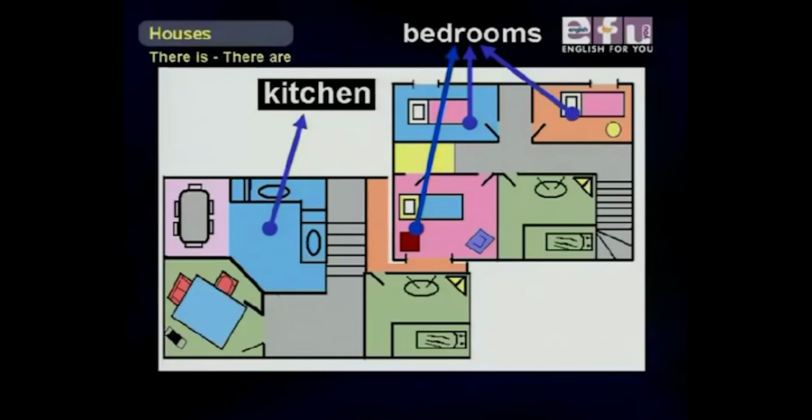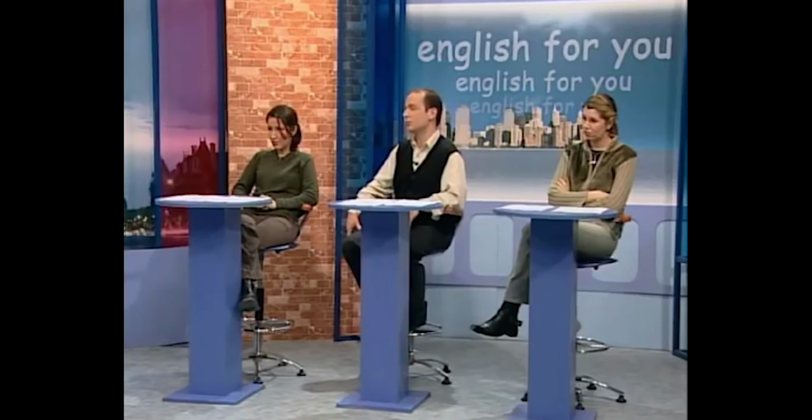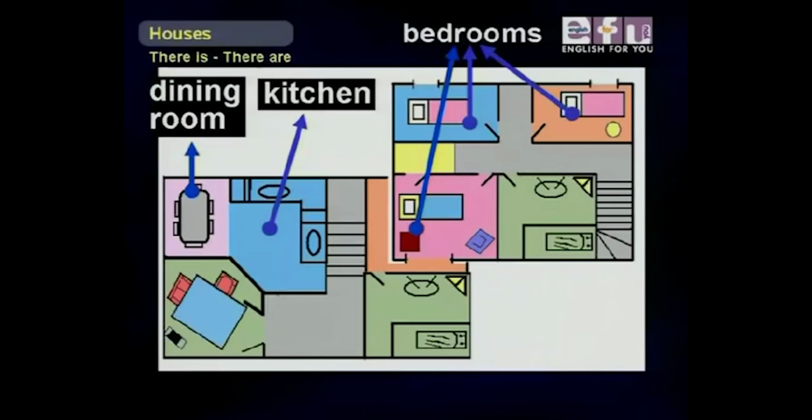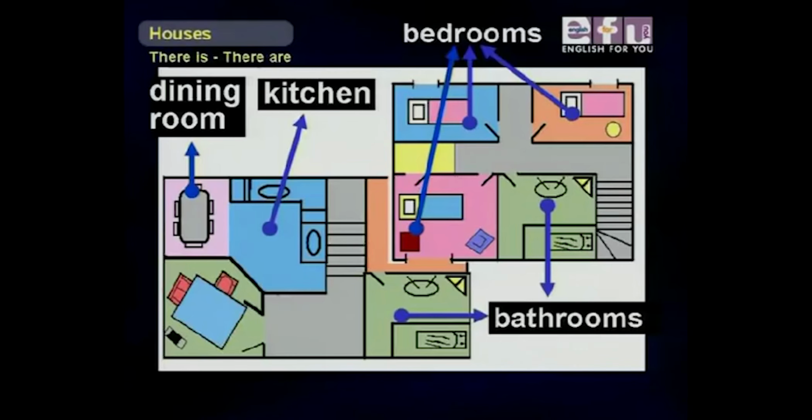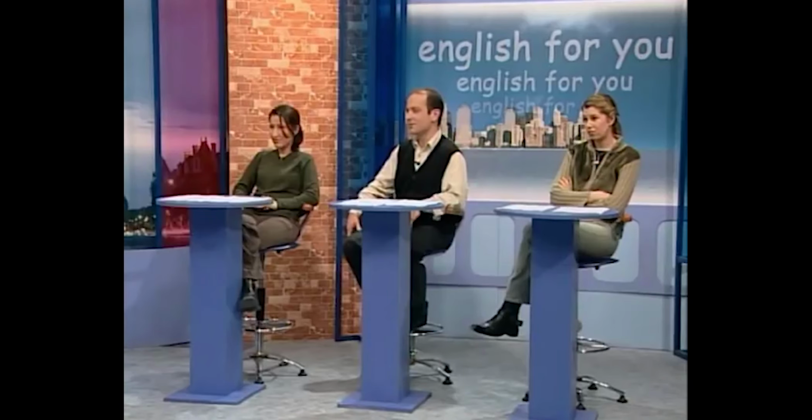There are 3 bedrooms. 1, 2, 3 bedrooms. Is there a dining room? Yes, there is. How many bathrooms are there? There are 2 bathrooms. All right? Is there a basement? No, Ali, there is no basement.